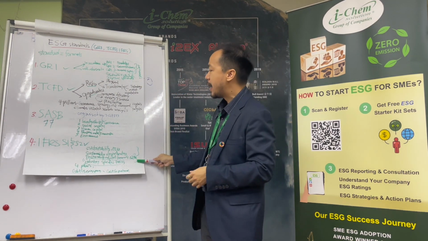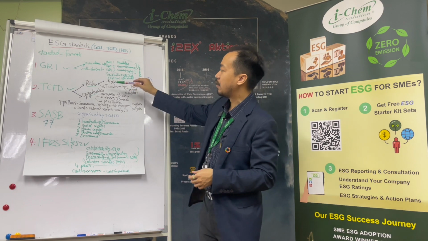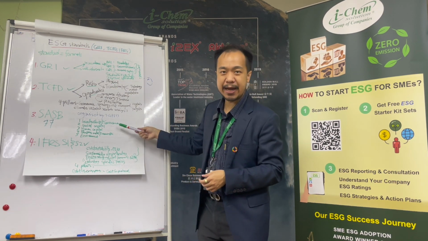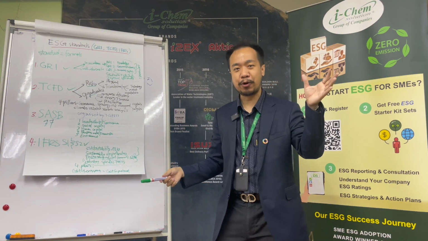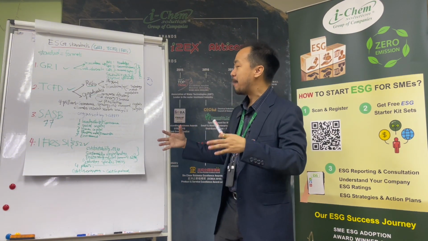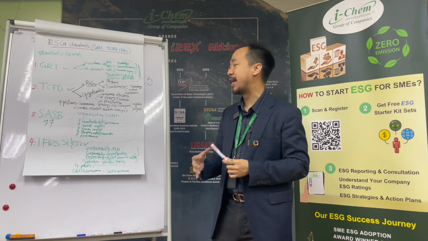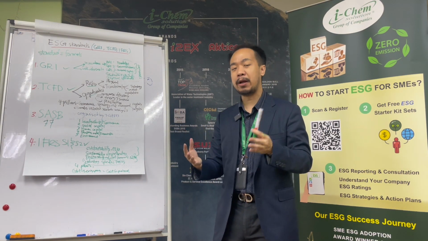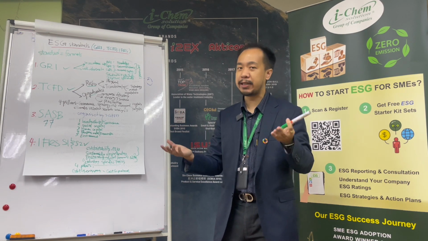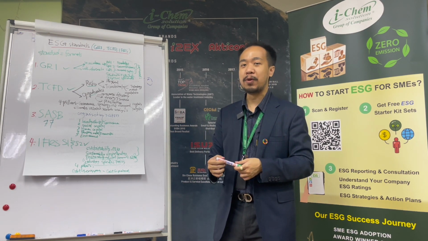So you can see here, S1 and S2 take things from TCFD, from SASB, and from GRI and also GHG protocol. So all of these things make IFRS S1 and S2 a very comprehensive standard to follow. But not many people are following it yet because it's still relatively new on the block.